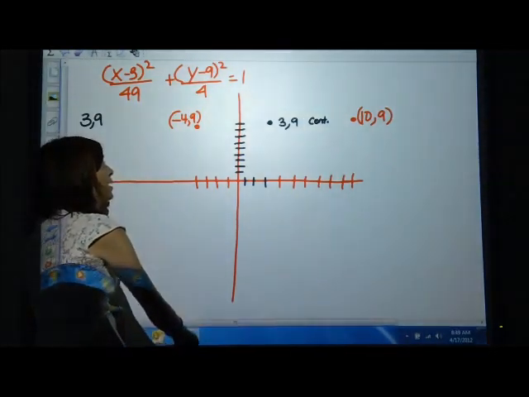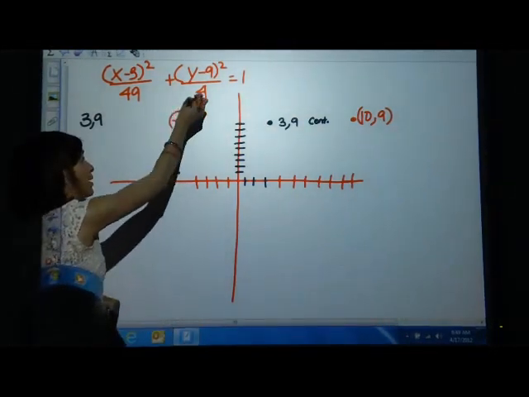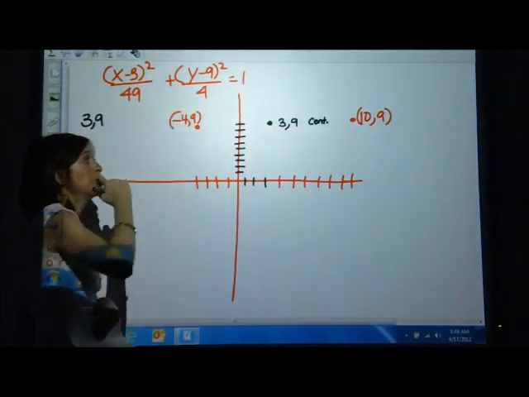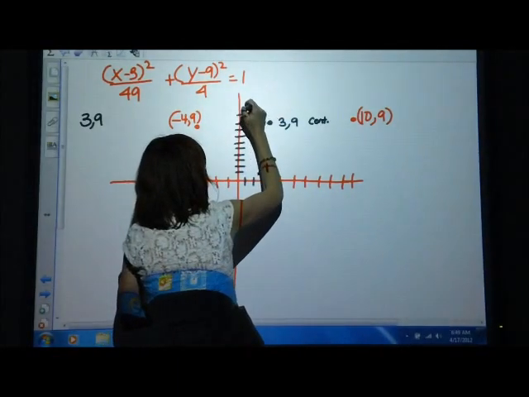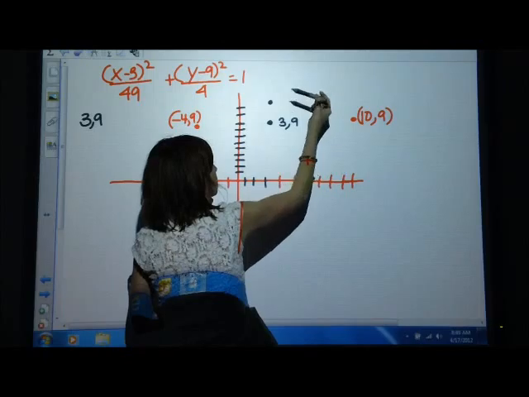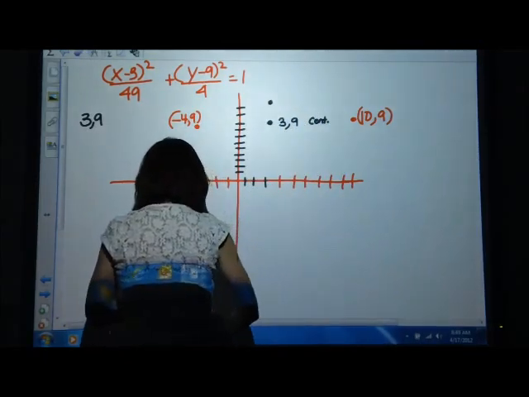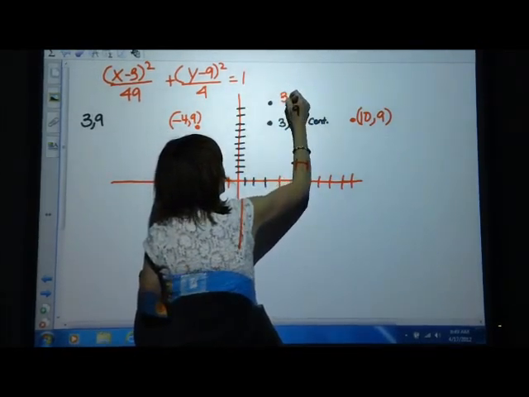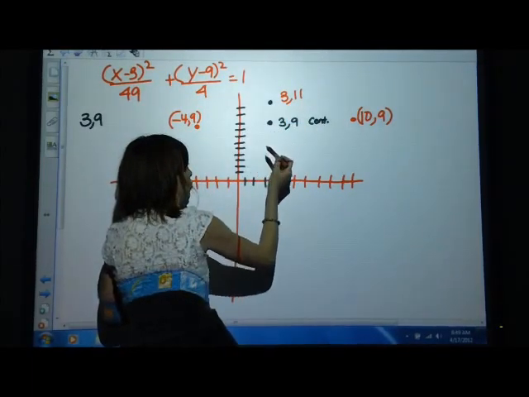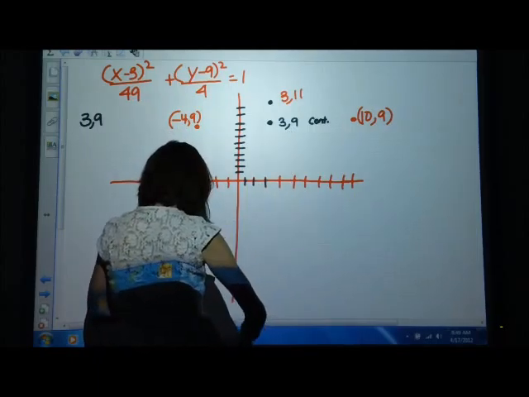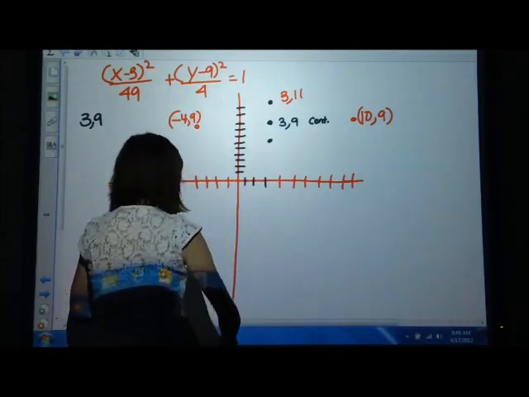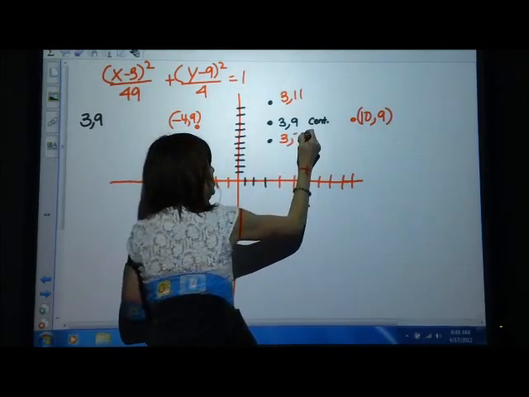Now I've got to use my co-vertices, okay? My co-vertices are my b, and this is b squared, so my b is 2. So I'm going to go up 2, and if I'm going up 2 from 9, I'm going to be at 11. So that coordinate point would be (3, 11), and I'm going to go down 2, so 1, 2. That coordinate point would be (3, 7).